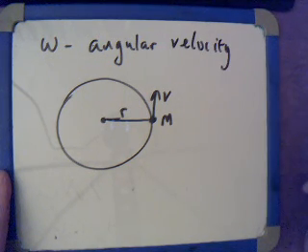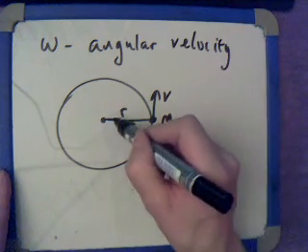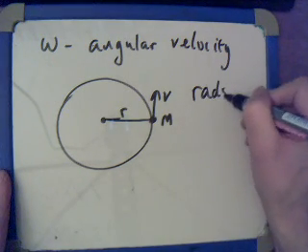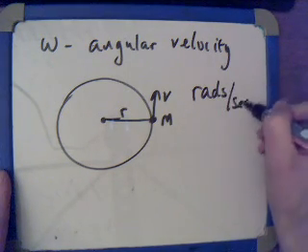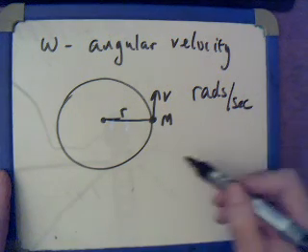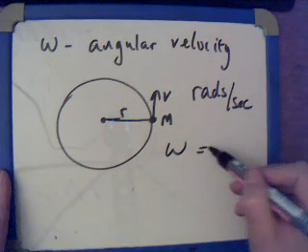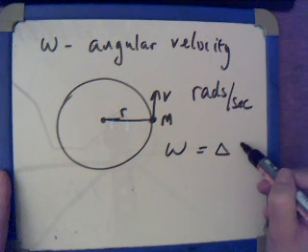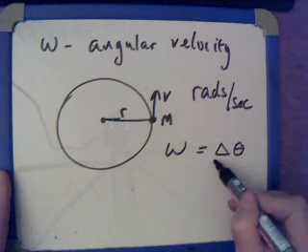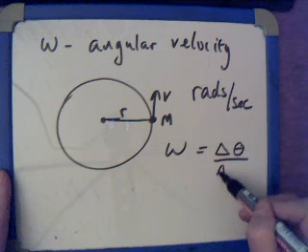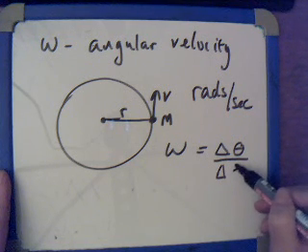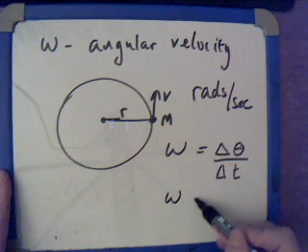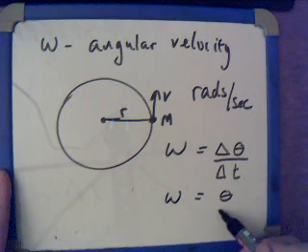Now the angular velocity is measured in radians per second. It is related to the rate of change of angle, we'll call that theta is angle, divided by the change in time. And when we express it in a non-calculus version, sometimes I like to remember it as omega equals angle divided by time.